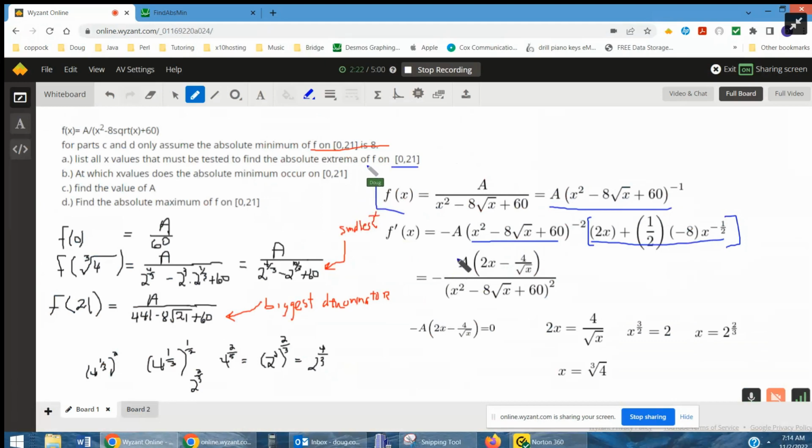But the point is, when does this equal 0? Well, it equals 0 if I divide both sides by the opposite of a. I still get this expression equals 0.